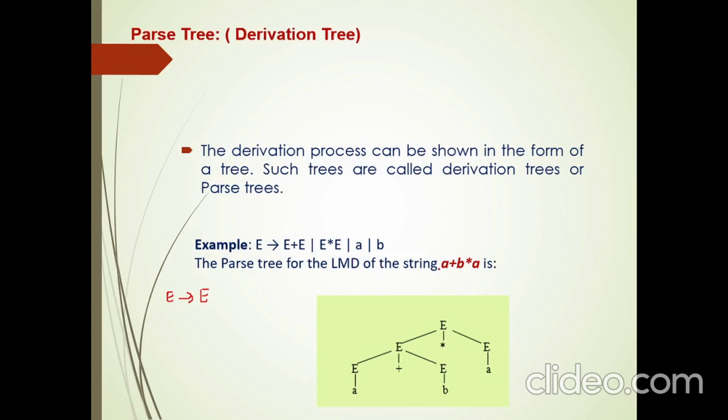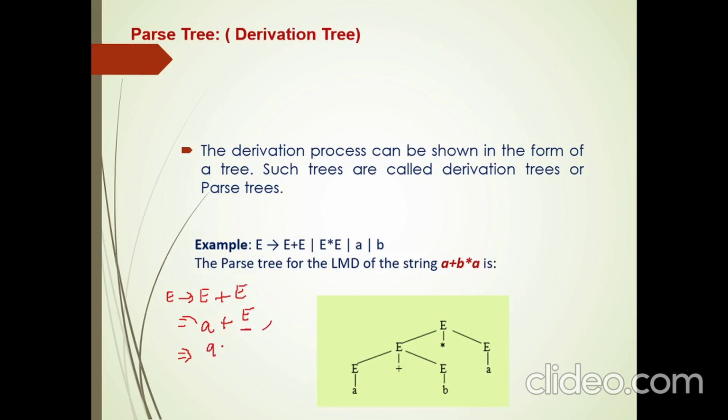First I want the operator, E plus E. Next, because I'm replacing the leftmost non-terminal, before plus A has to come. So it will be A plus E. Now, after this the leftmost non-terminal is this E, and here I have to obtain a star operator.